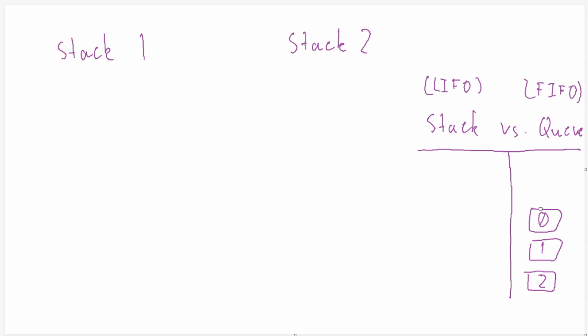So it would be this that gets removed first. That is the difference between a stack and a queue. And we are tasked with coming up with a way to implement a queue using two stacks.